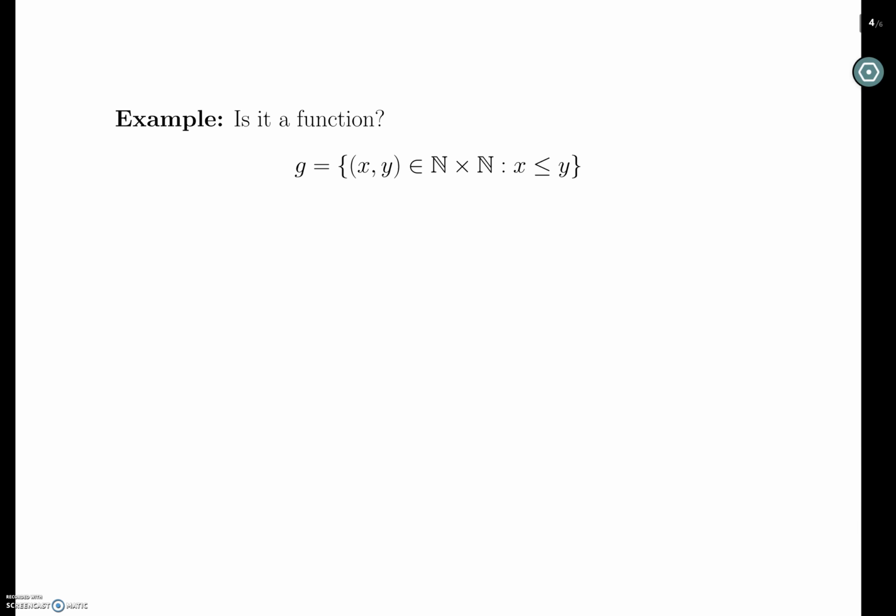Let's consider another one. Is g a function? Where g is defined on the natural numbers cross the natural numbers, where the relation is x is less than or equal to y.